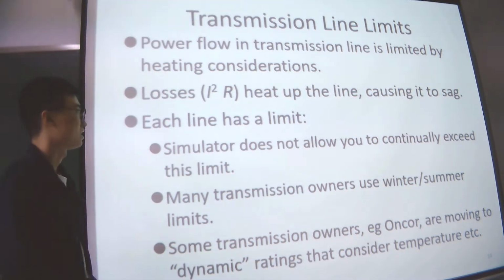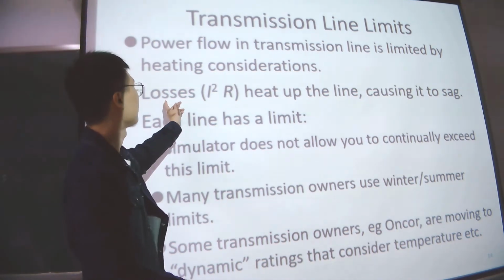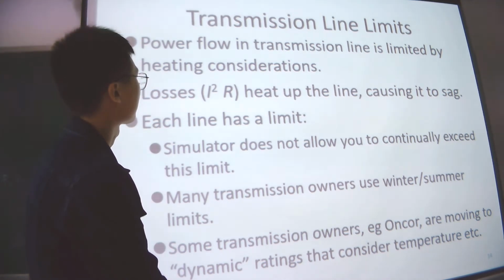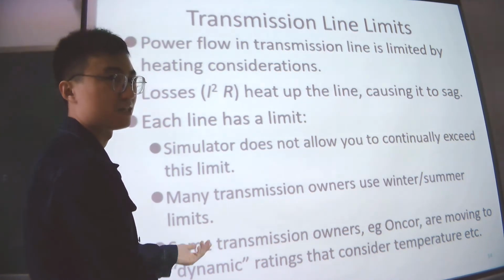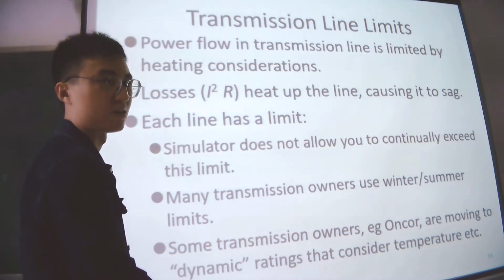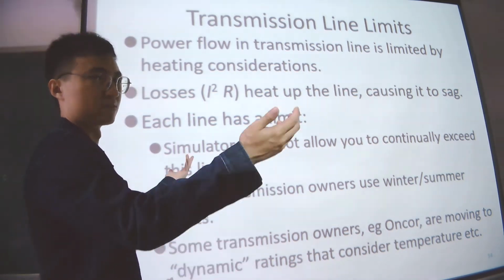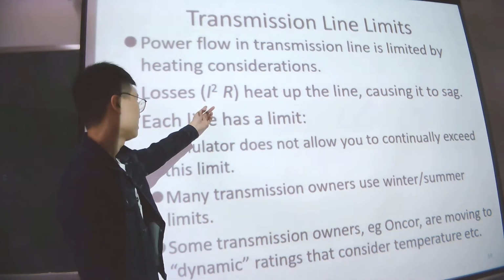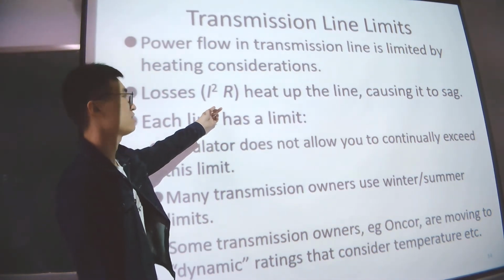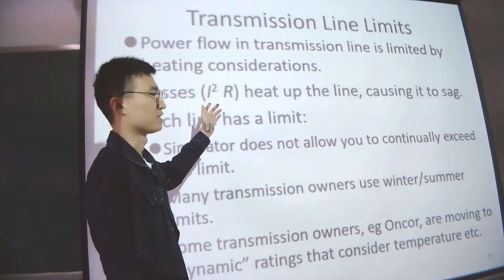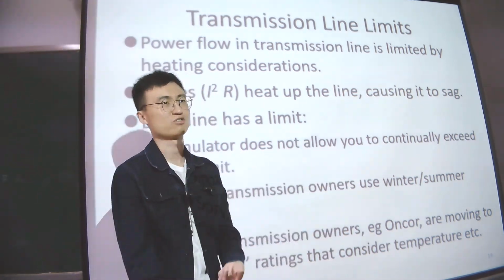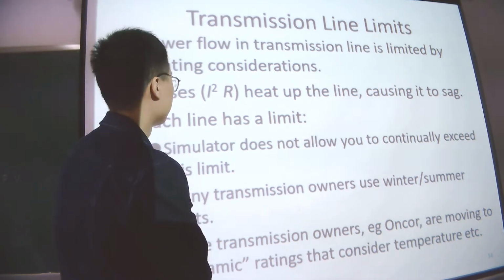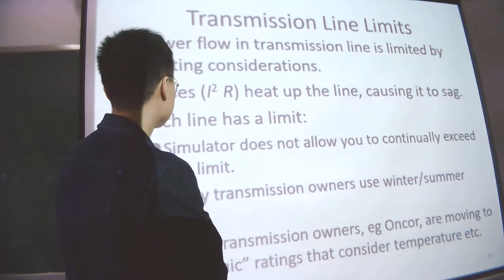Okay, transmission line limits. So this will be power flow limited by heating considerations. When you transfer 1,000 gigawatt in the transmission lines, boom. There is heat, right? The loss of the power is heat that will burn the transmission lines.